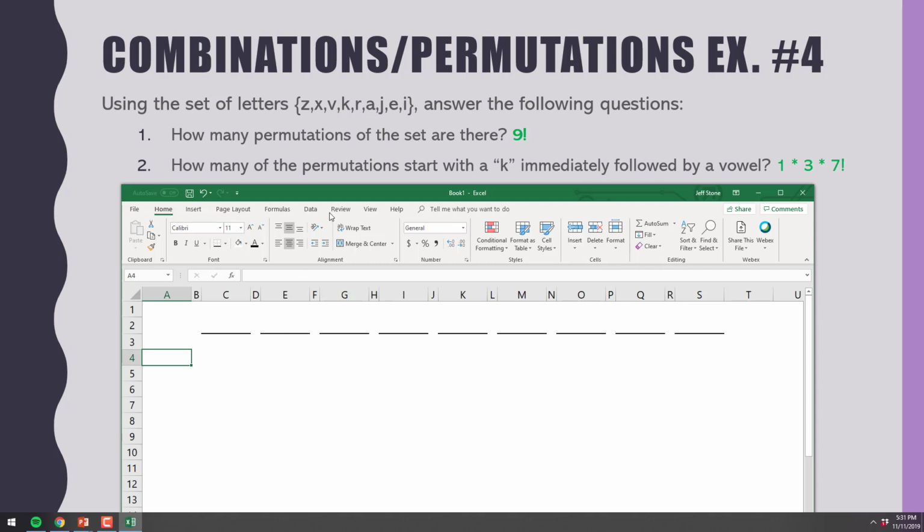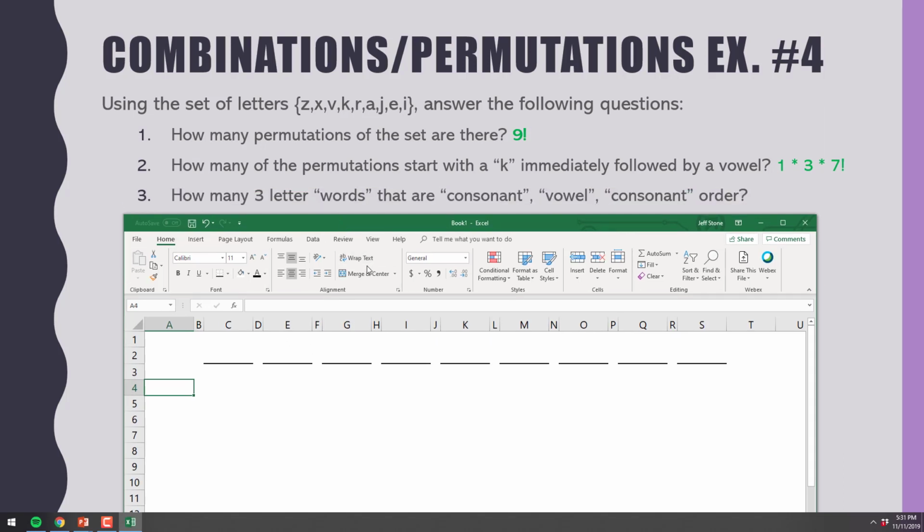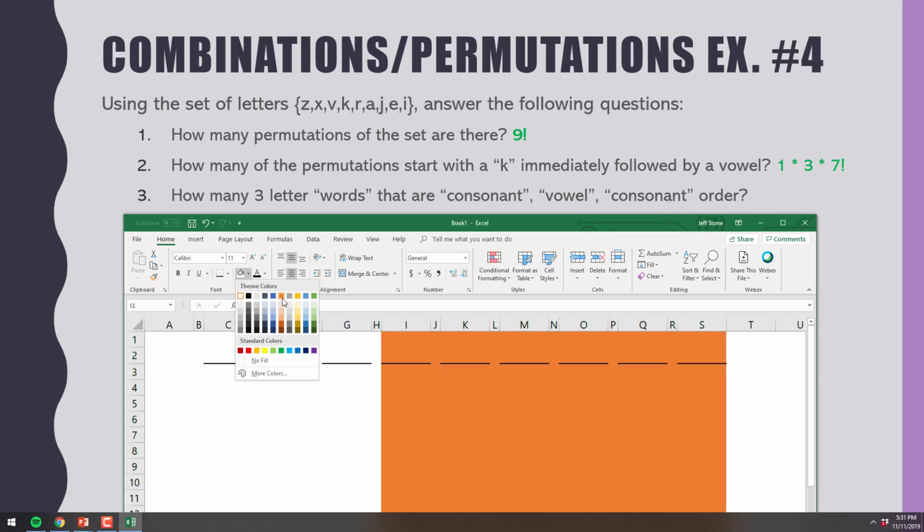All right, let's look at the last one here. How many 3-letter words that are consonant, vowel, consonant can exist? So we don't need to worry about any of those. I'll just change their color to orange or something, just ignore those, okay? We'll just focus on these. How many 3-letter words that start with consonant, then vowel, then consonant? Well, how many consonants do we have?